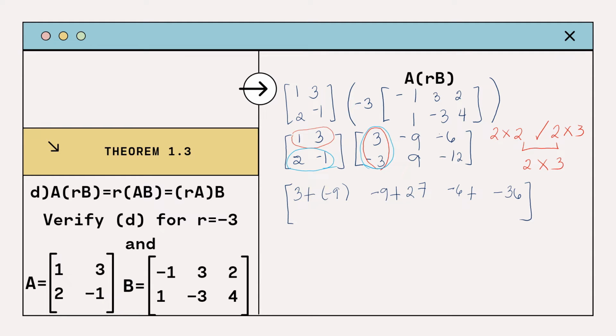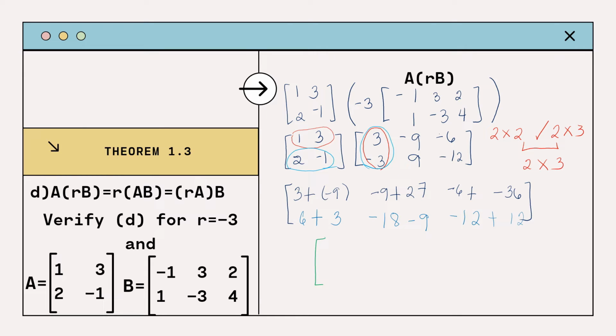We will get 2 times 3 is 6, plus 3, -18 minus 9, -12 plus 12.